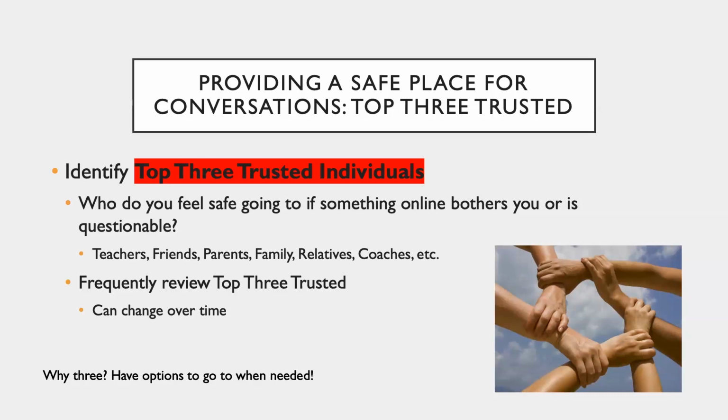So if somebody sends me a mean message, it really bothers me. It makes me feel scared to go to work, scared to go to school. And I feel like I can't talk about it with anyone because of retribution. The person told me, if you tell somebody, I will hurt you.